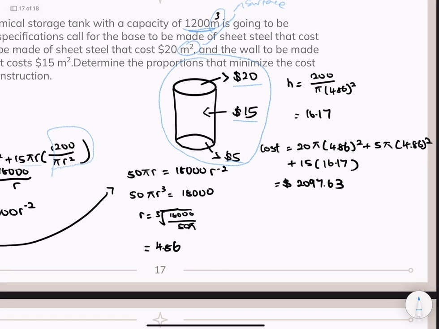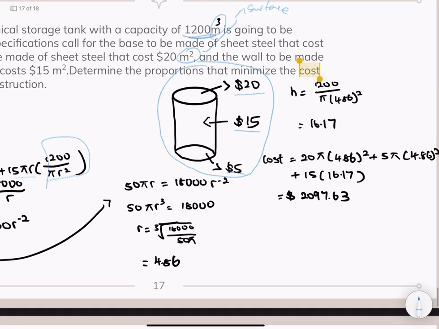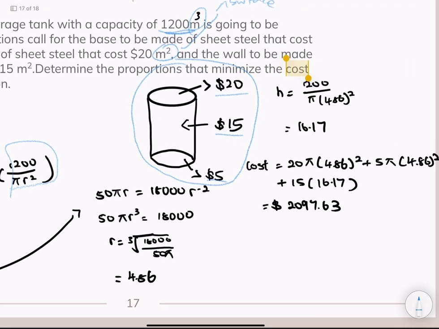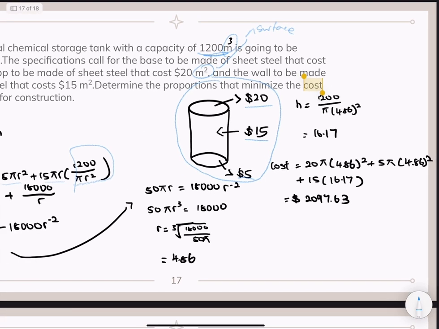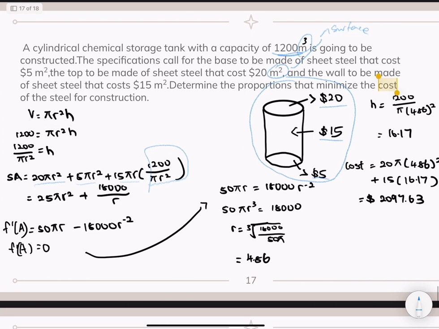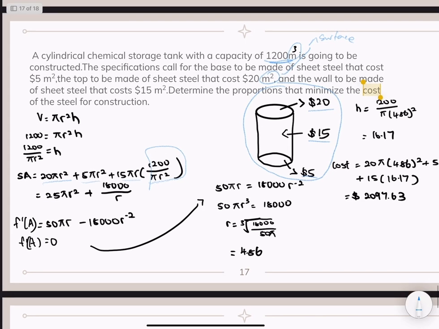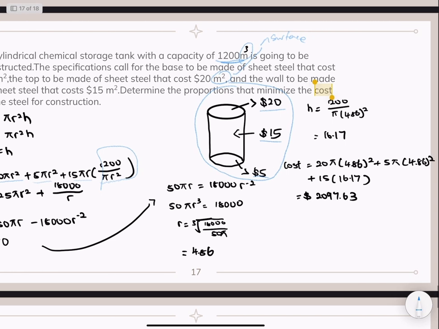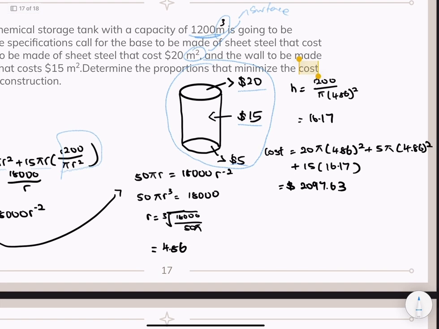And then we put r into the height formula, so we can get the height is 16.17. So the proportions that minimize the cost of the steel for construction are when r equals 4.86 and h equals 16.17.